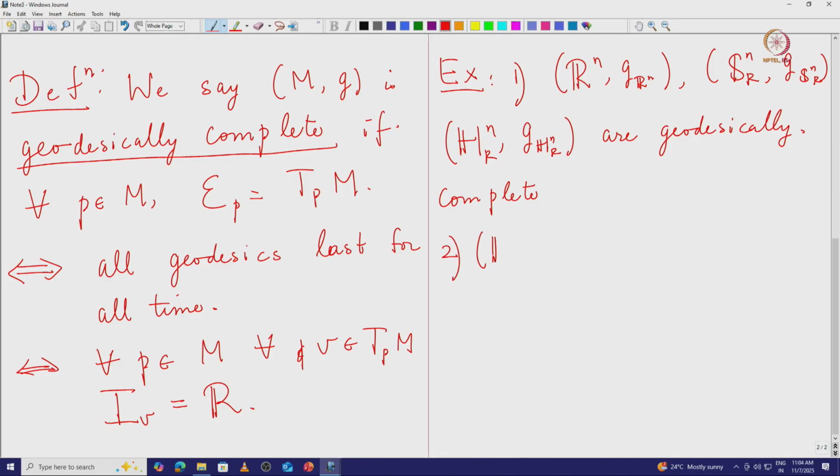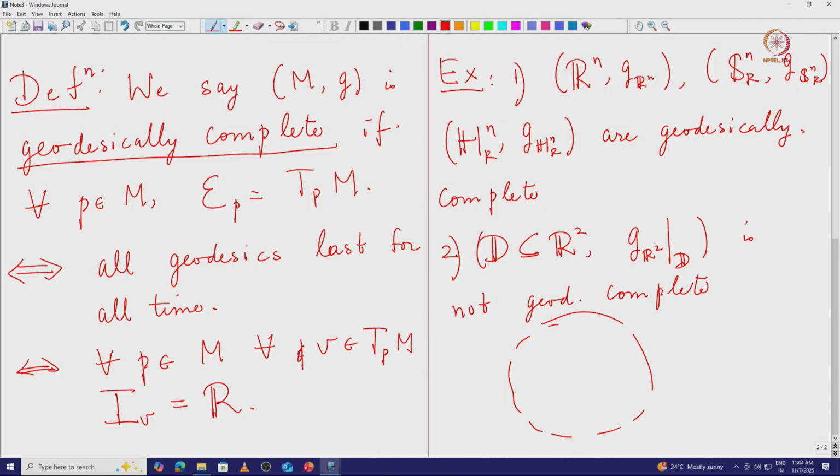On the other hand, take let us say the unit disk inside R2, not with the Poincare disk metric, which is geodesically complete because that is isometric to the hyperbolic space, but with the restriction of the usual Euclidean metric. Then this is not geodesically complete. We have already seen this because let me draw a picture. This is the unit disk at the origin. Suppose you have a point p here, if you take a tangent vector in this direction, soon enough you will hit the boundary of the disk and you cannot continue, right. So this is clearly not geodesically complete.